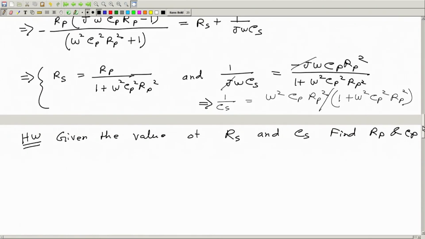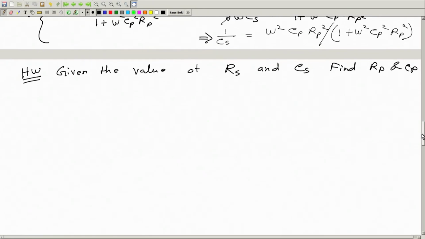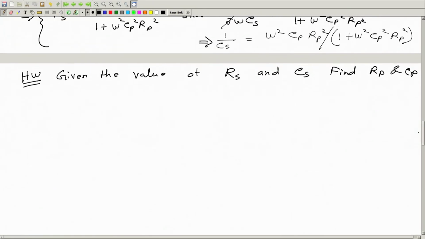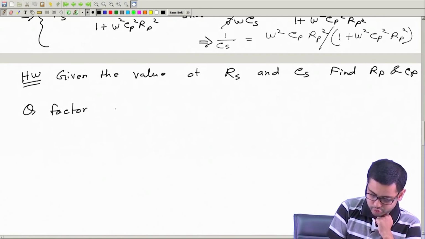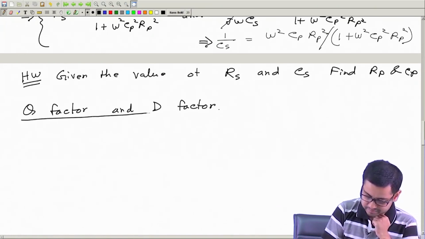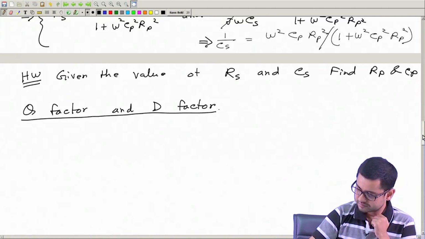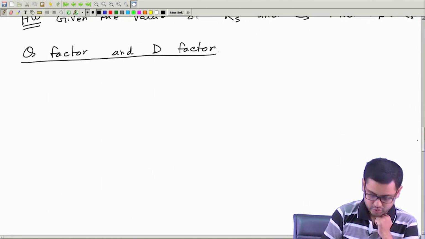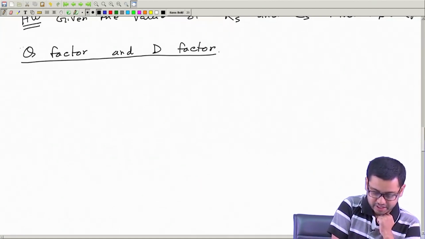Now in this class we will define two more terminologies: Q factor and D factor. This will be the last topic for this class. Generally the word Q stands for quality.